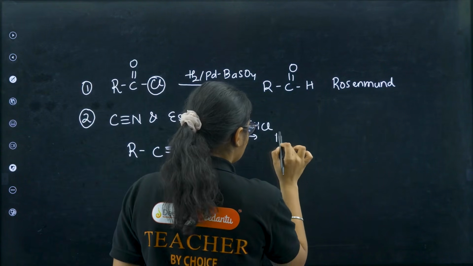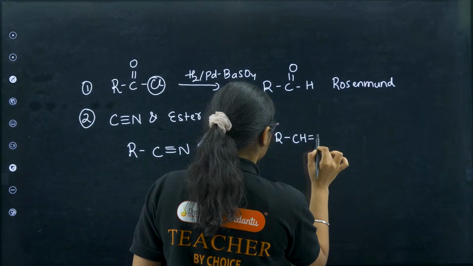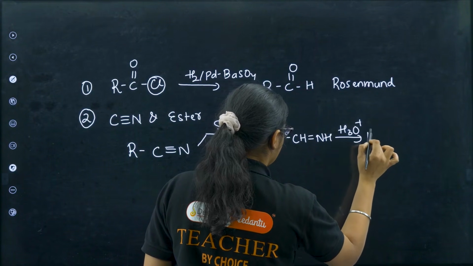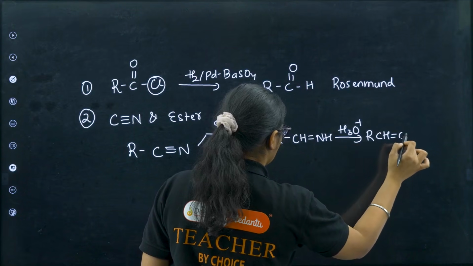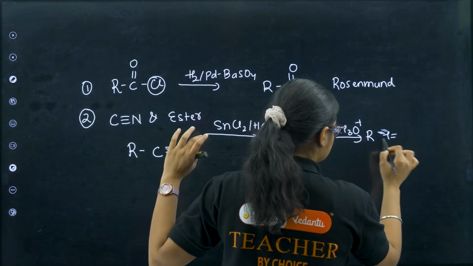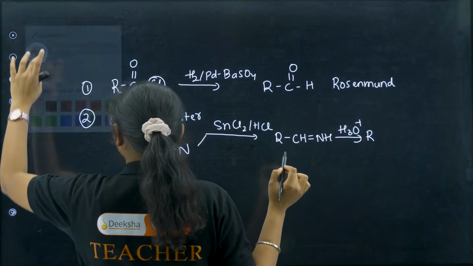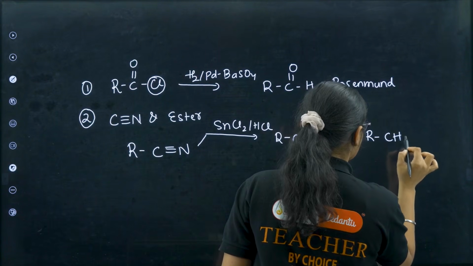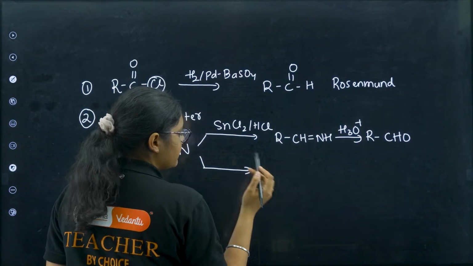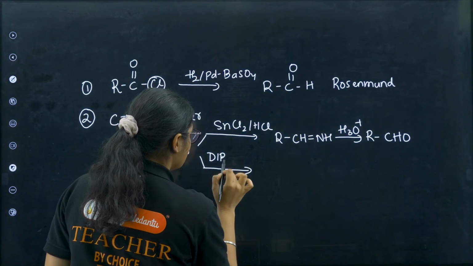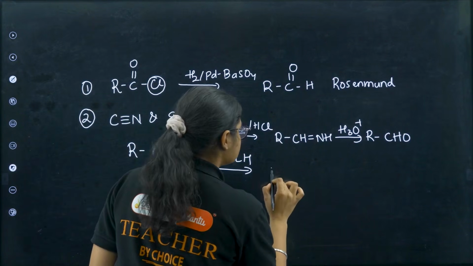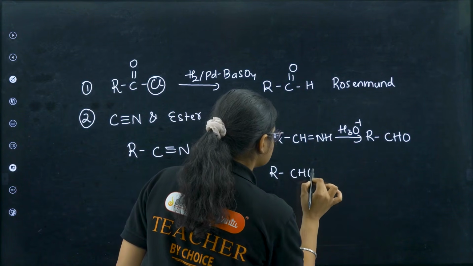Then I will get RCH=NH, and if I do hydrolysis I will get RCH=O. This is one way, and I can also treat it with DIBAL-H.